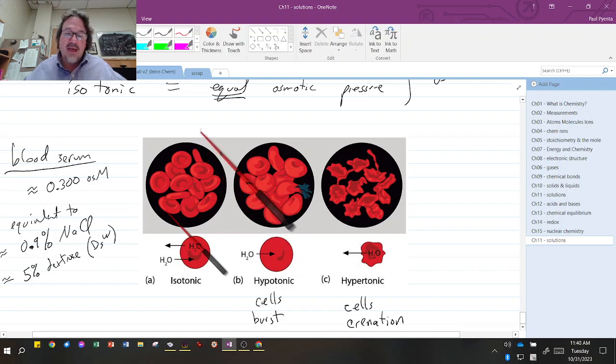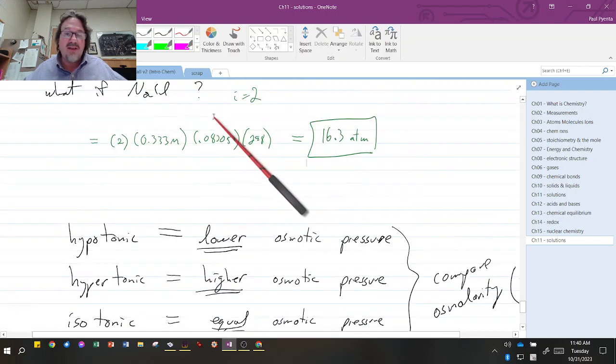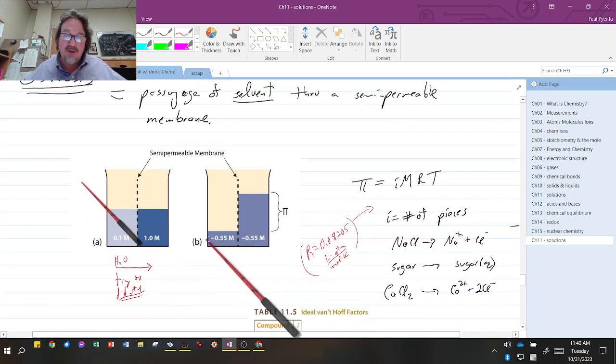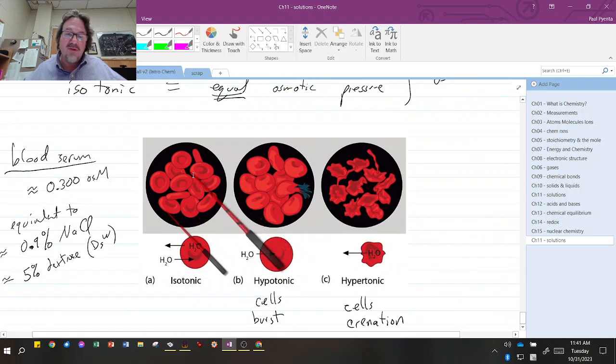And if the total concentration is the same on the inside versus the outside of the cell, like in this picture here, then I'm not going to have anything going left or right because they're the same concentration, and so the cells will be intact, they'll be happy. There's no reason water would cross either in or out of them.